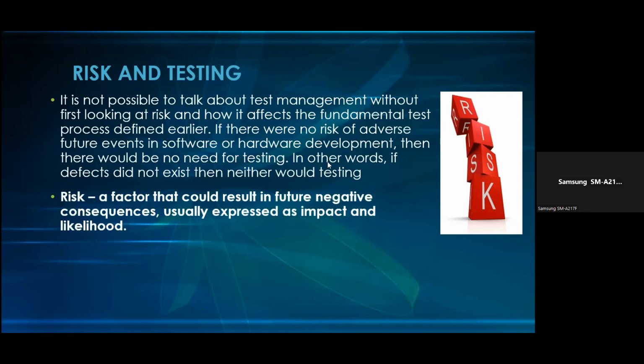So a factor, risk, is a factor that could result in future negative consequences, usually expressed as impact and likelihood. So anything that you see that you feel is going to cause harm, even while we are testing, you might not be feeling the impact now, but it is there.